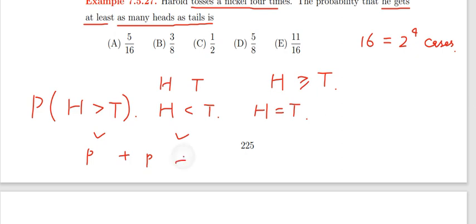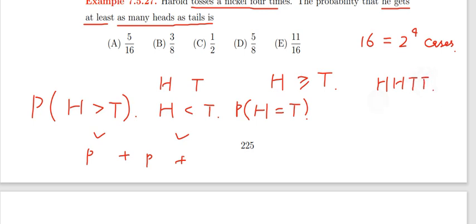Plus this one. So what is this probability? Heads equal to tails, so it should be 2 heads and 2 tails, right?